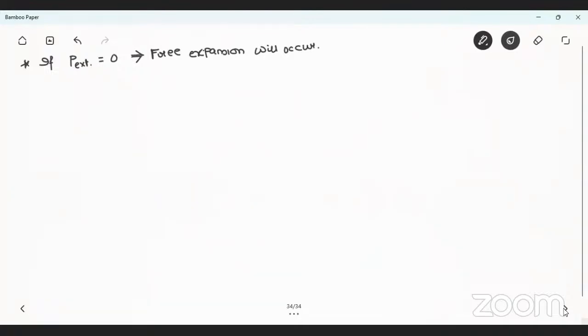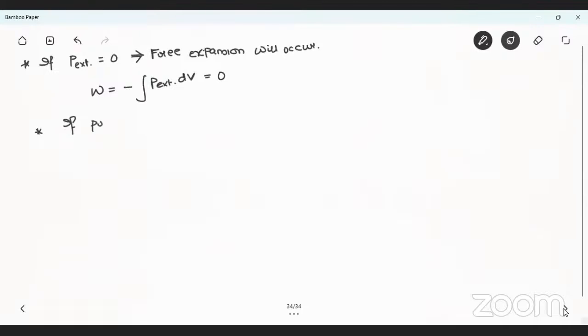Okay, so this is the standard. Then how will the formula look? So if P external is 0, then we will be using this formula.